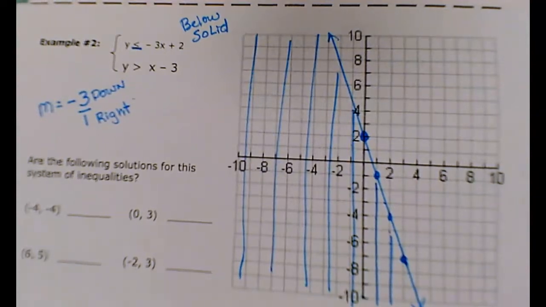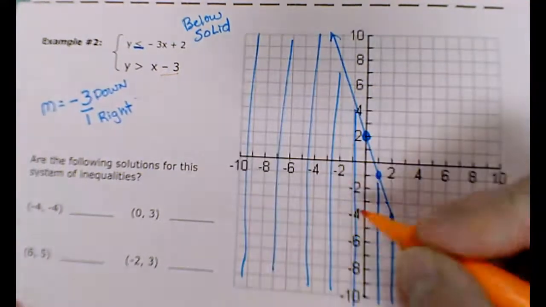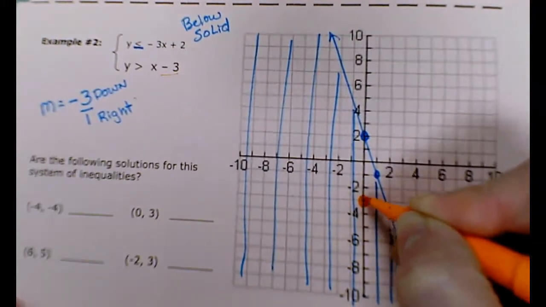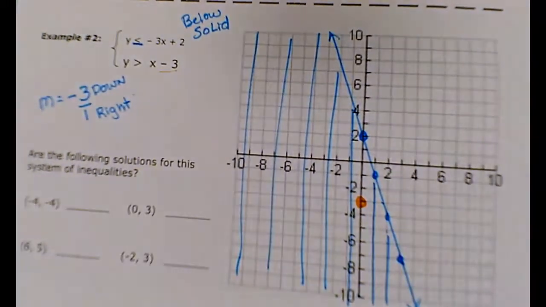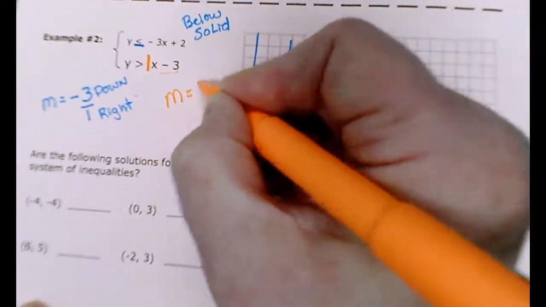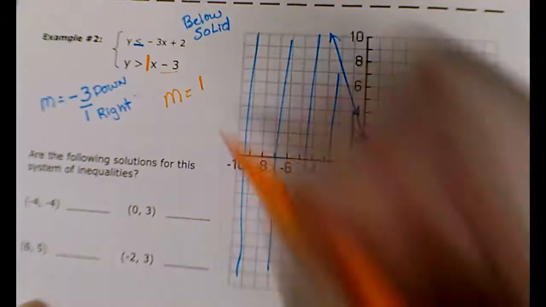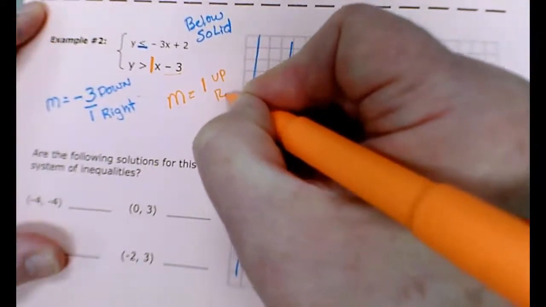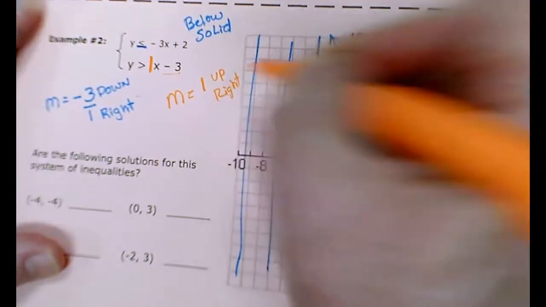For my second line, I'm going to negative 3 on the y-axis, but there's no slope. What does it mean? What's the slope? The second line has a slope of 1, so I'm going to count up 1 and right 1.